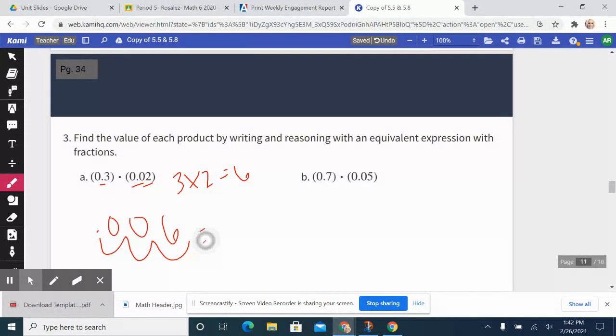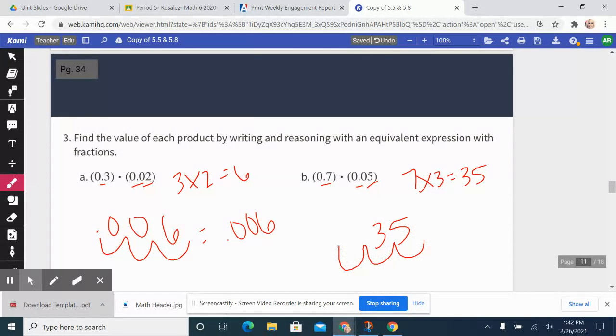So it would be 0.006. Now 7 times 5, you know, is 35. I need to move it over 1, 2, 3, and I get 0.05. So this becomes 0.035. That's the answer.